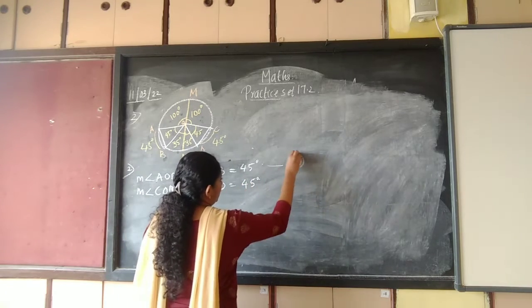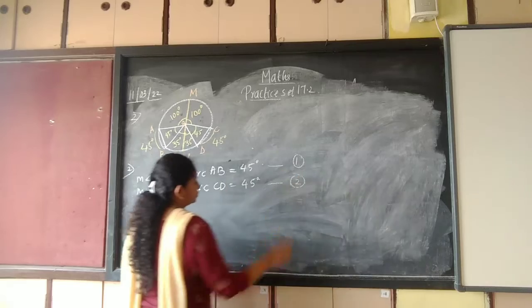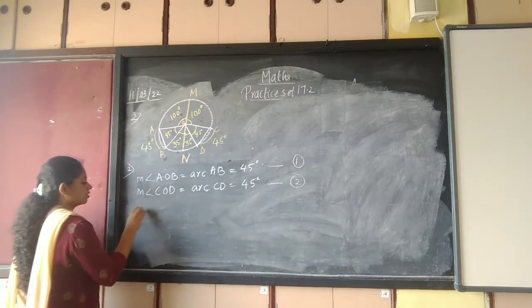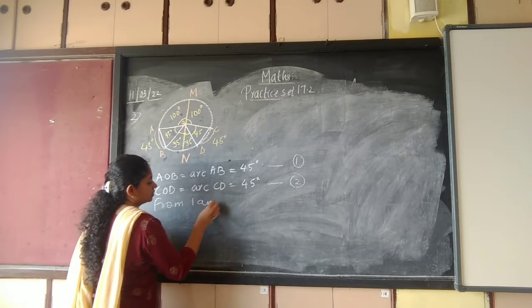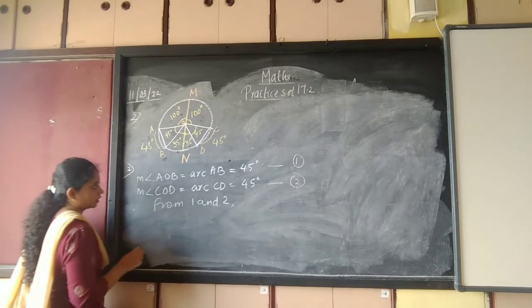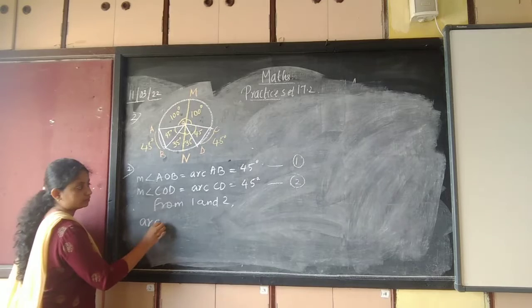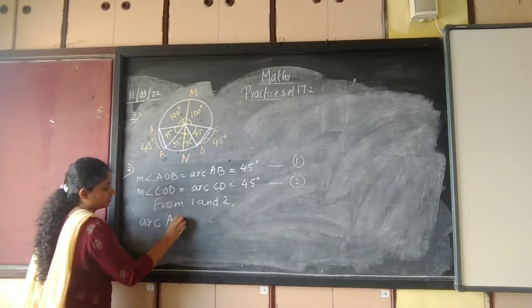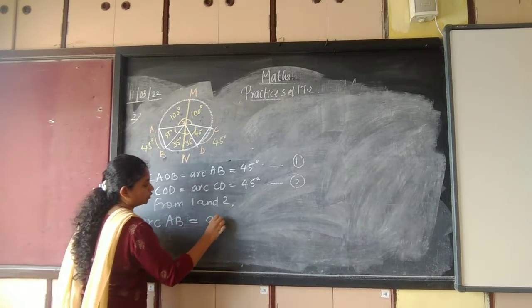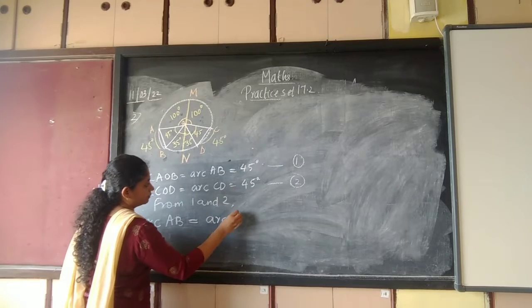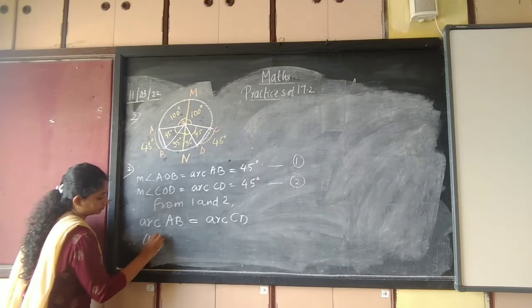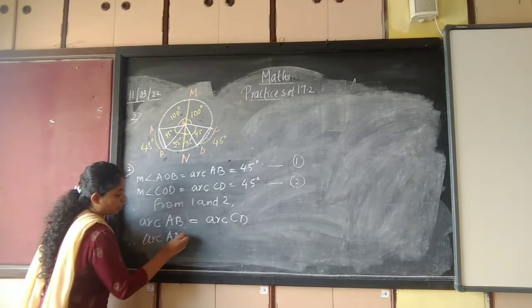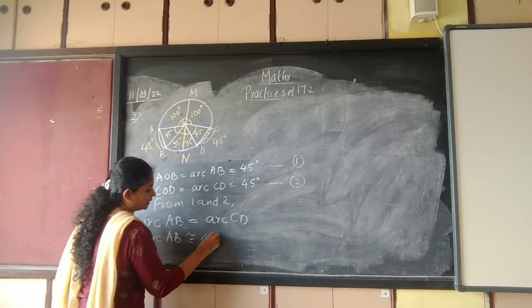This can be 1, this can be 2. Therefore, from 1 and 2 we can say that arc AB is equal to arc CD, why equal? Because both are 45 degrees. Therefore, arc AB is congruent to arc CD.